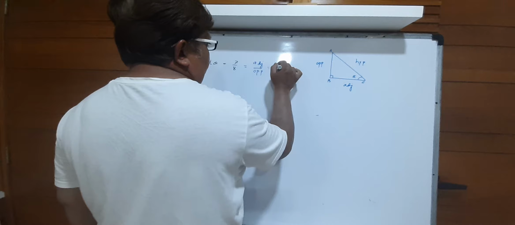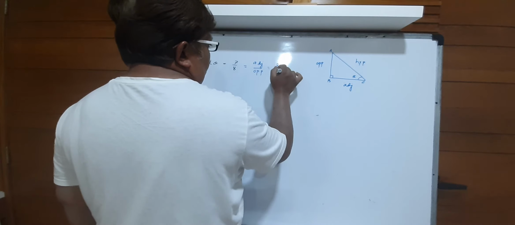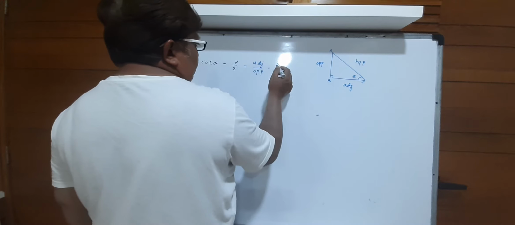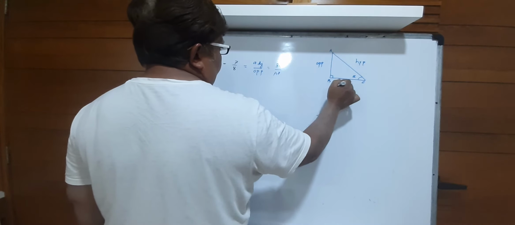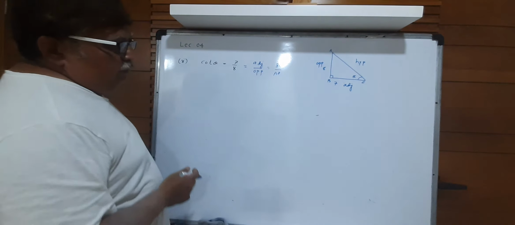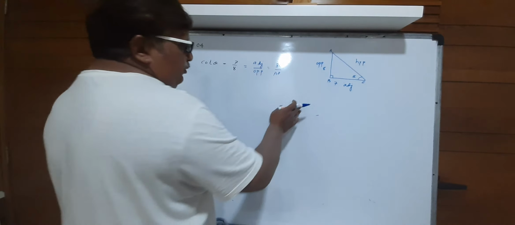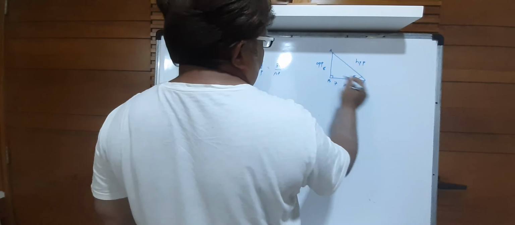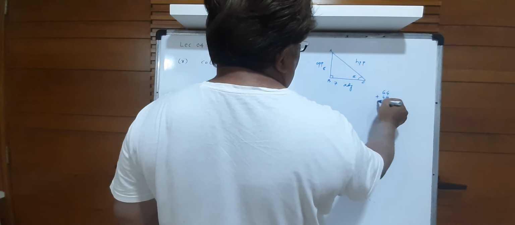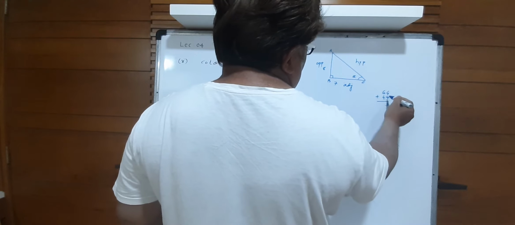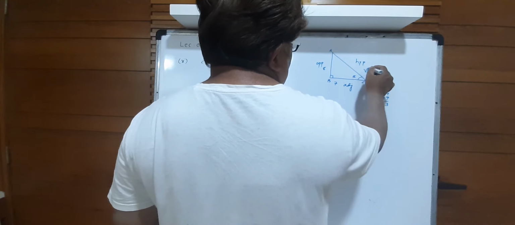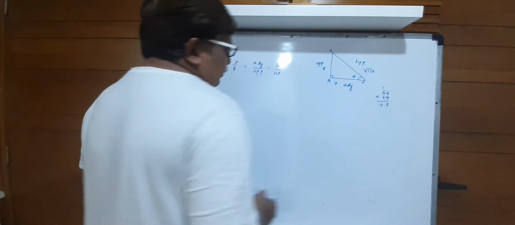Adjacent, that means BC. Opposite, that means AB. So BC you got 7 and this you got 8. Now if you go for the Pythagoras, AC square equals AB square plus BC square, so 8 square 64, 7 square 49, 64 plus 49 is 113. So this will be under root 113, okay?